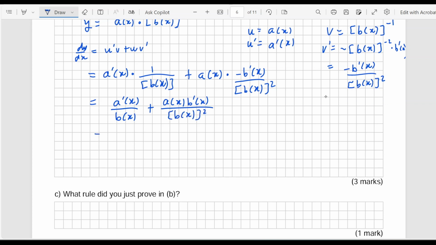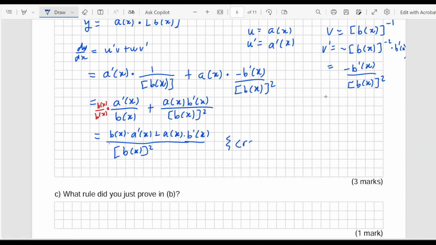We need to cross multiply, so in particular I'm going to be timesing by b of x over b of x to get b of x squared on the bottom. So let's do that. So that is b of x times a' of x plus a of x times b' of x.